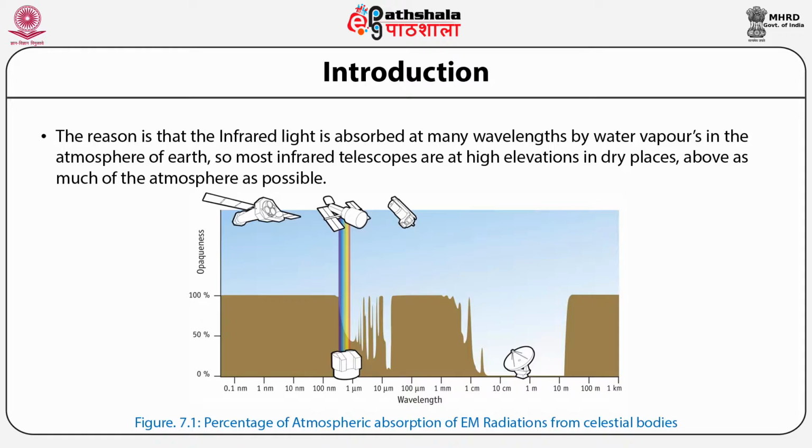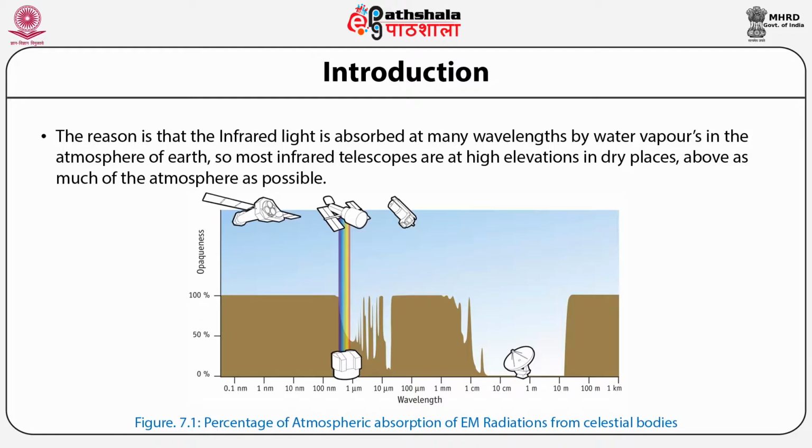In fact, this is related to selecting an appropriate site for an observational facility anywhere. There are very specific reasons why the IR telescope is to be installed at higher elevations, at dry places, as far above the atmosphere as possible.